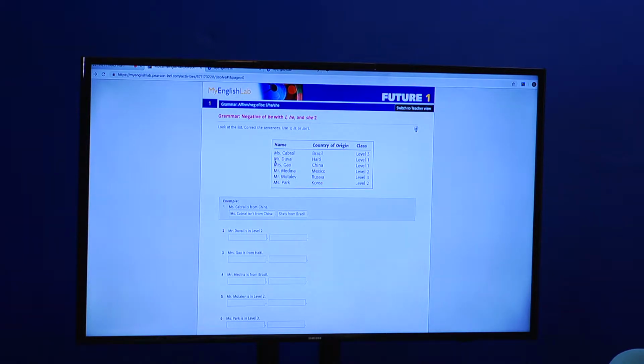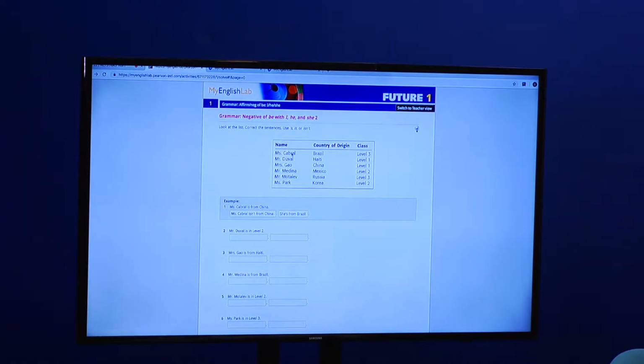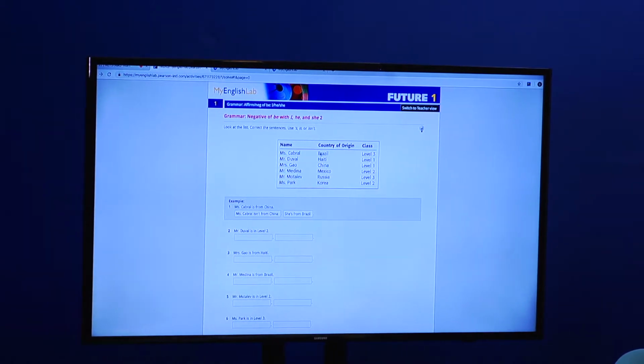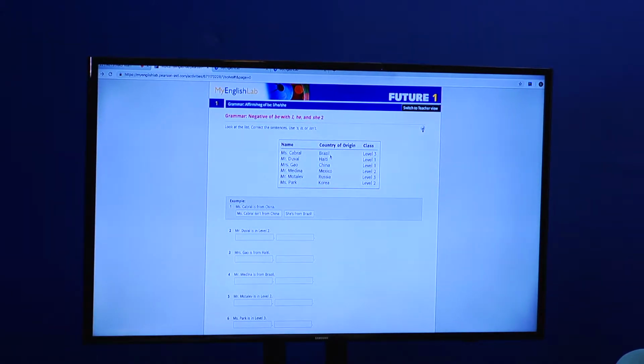So those are the same verb using I, he, and she in this instance. For example, Miss Cabral is from China. Now you have to change it to the negative. Miss Cabral isn't from China. If we look at Cabral up here, she's not from China. She's from Brazil, and she's in level 3.